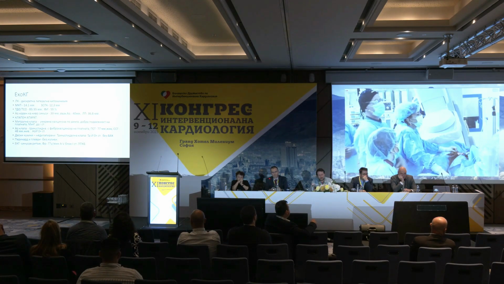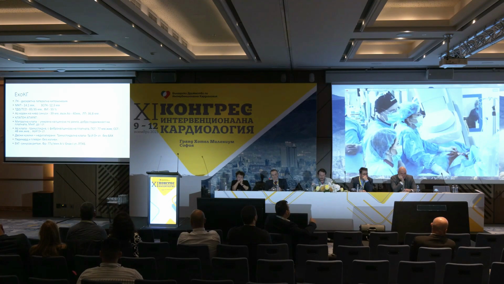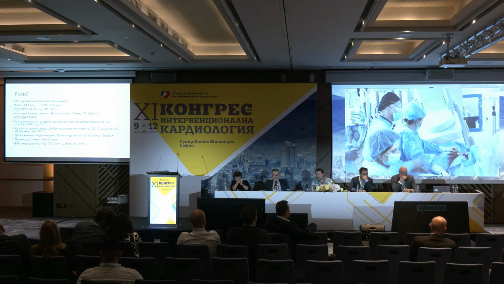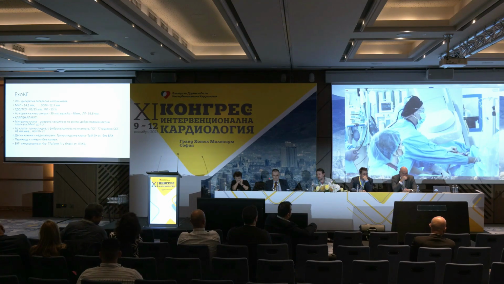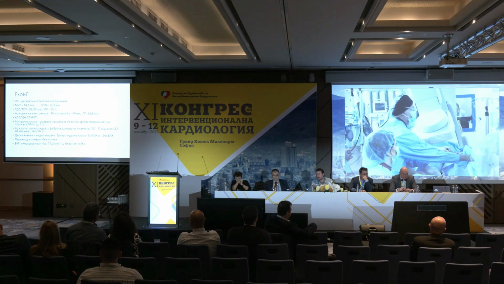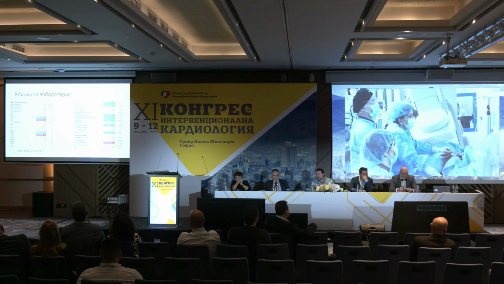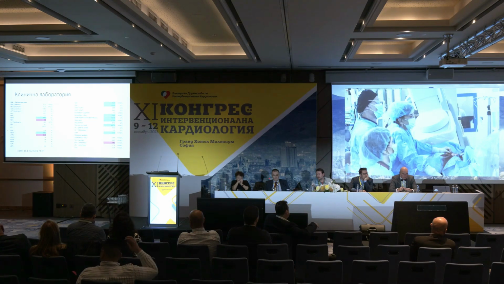From the echo, you can appreciate left ventricular hypertrophy, preserved ejection fraction with mild mitral regurgitation, severe aortic stenosis with fibrocalcinosis of the leaflets, which seem bicuspid with a raphe between the left coronary and right coronary leaflet. In the clinical laboratory, you may appreciate increased levels of creatinine, eGFR 33.4.